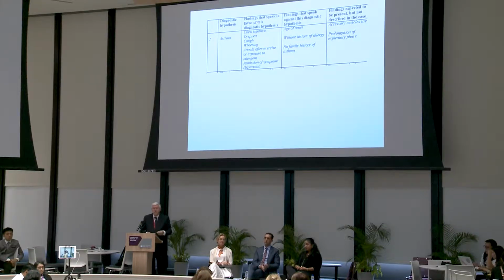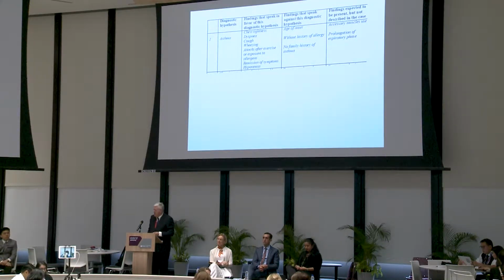And then findings that speak against this diagnosis are age of onset, without a history of allergy, no family history of asthma. And then there would be a number of findings expected to be present but not described. For instance, the accessory muscle use and prolongation of the expiratory phase.